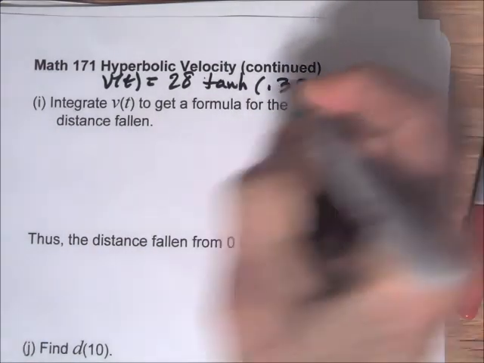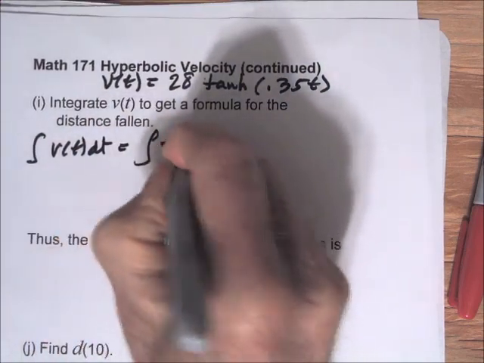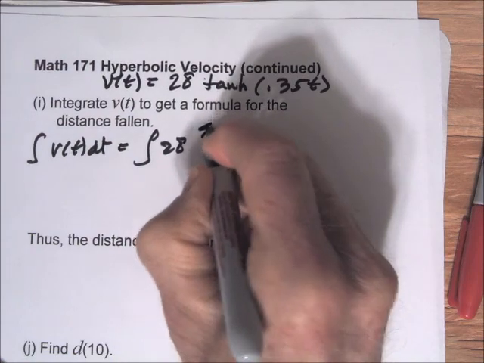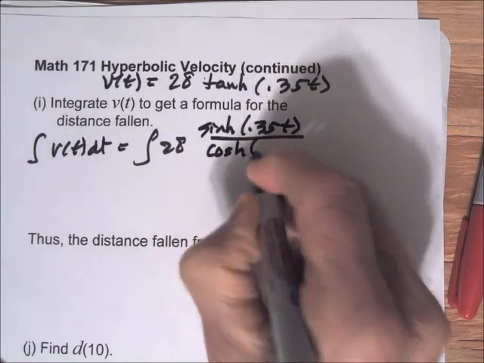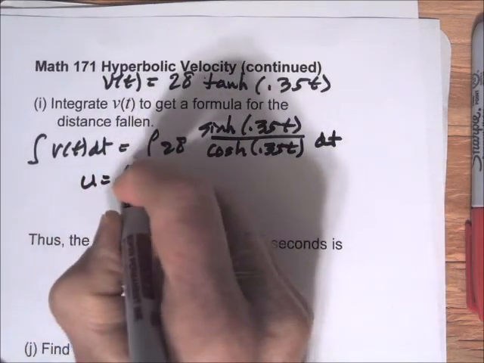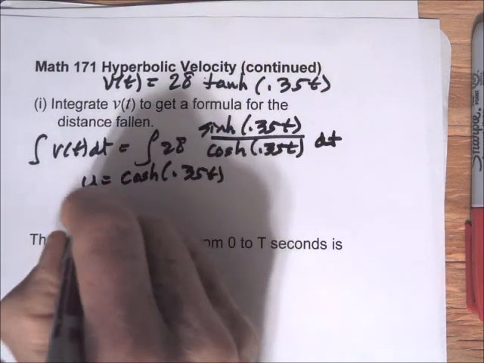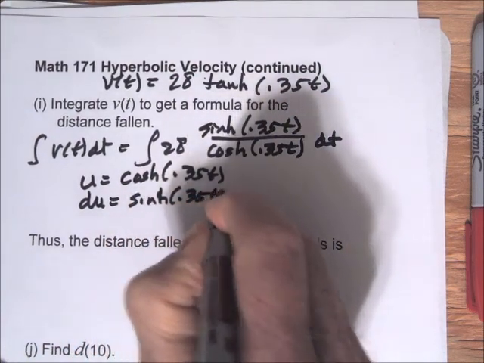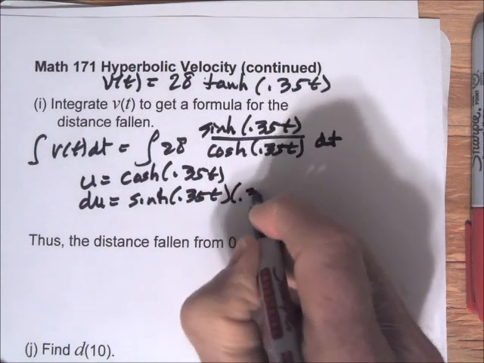So if we take the integral of v of t dt, integral 28, we could write this as the sinh over the cosh, sinh of 0.35t over the cosh of 0.35t dt, and let's let u equal cosh of 0.35t, and then du is going to be sinh of 0.35t times, this is a composite function, so times the derivative of the inside, it would be times 0.35 and then dt.